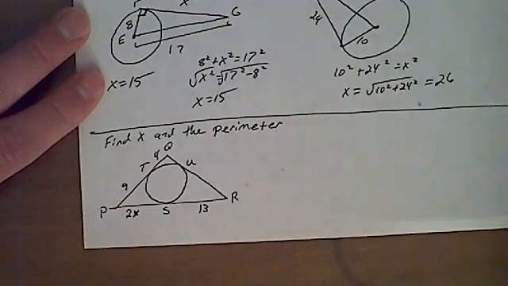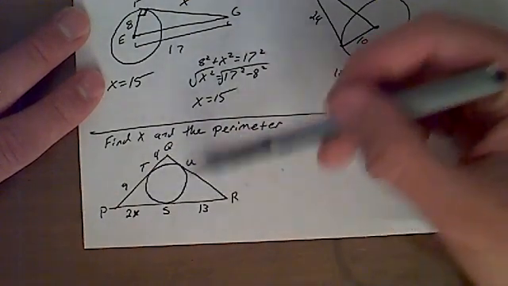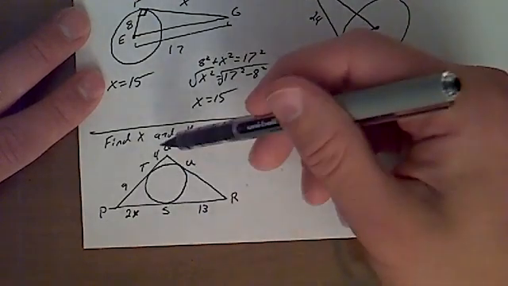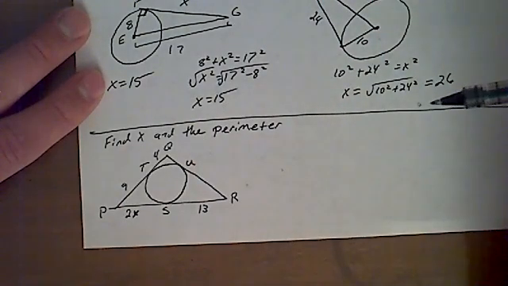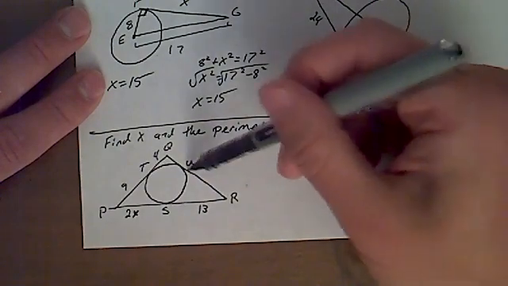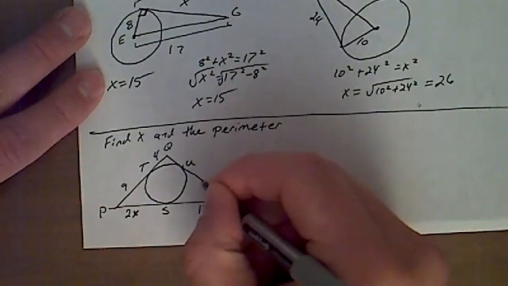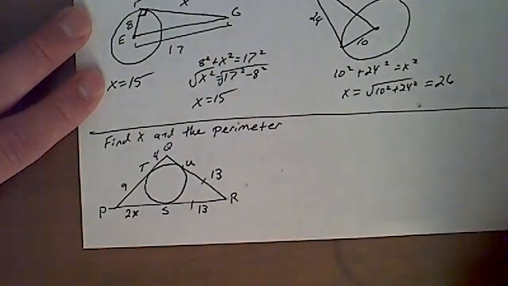All right, so because the triangle is circumscribed about the circle, that means each of these segments are tangents, right? So PQ is a tangent, QR is a tangent, and PR is a tangent. That means that from R to U and S to R are the same length. They are both 13, right?